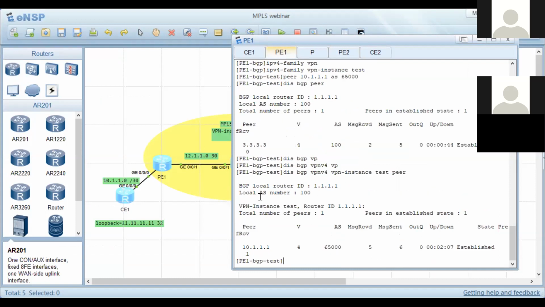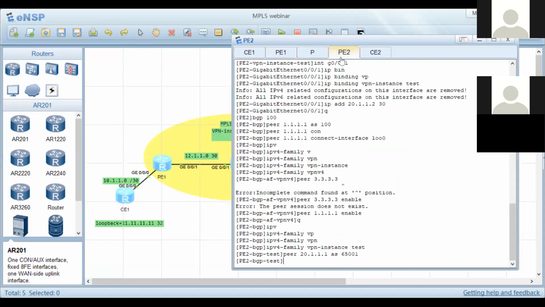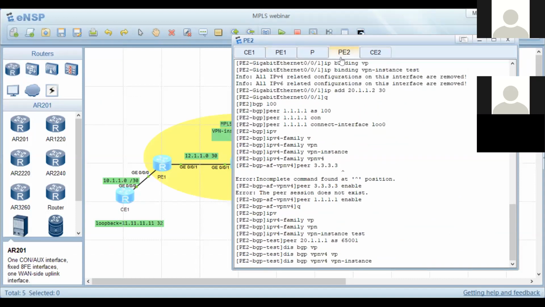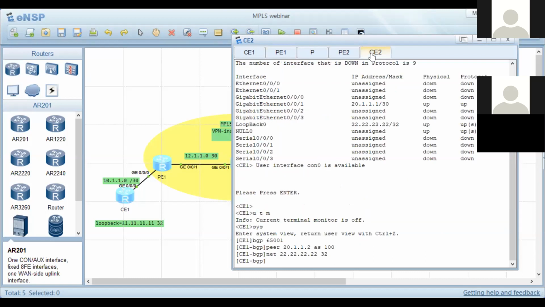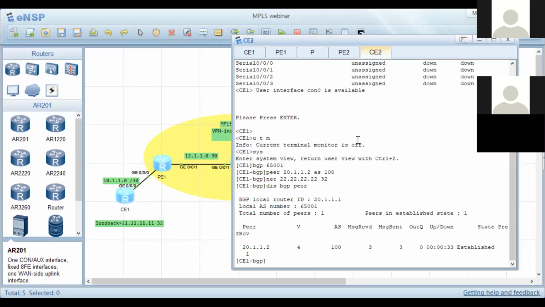So peering is established between the VPN instance CE1 and PE1. Also, peering between PE1 and PE2 is done, and display BGP peer also done.